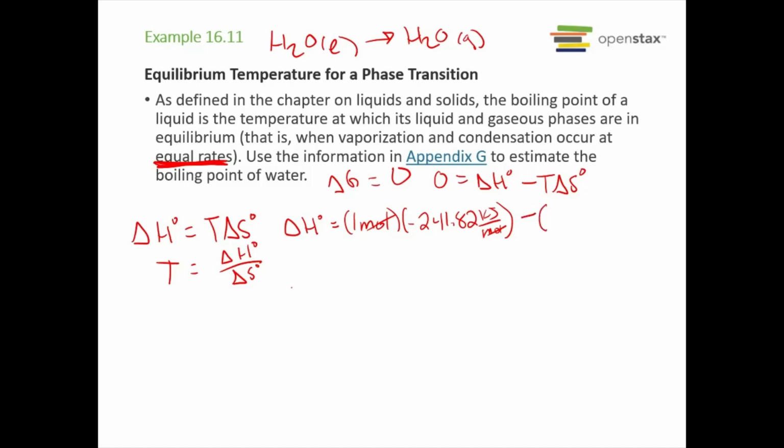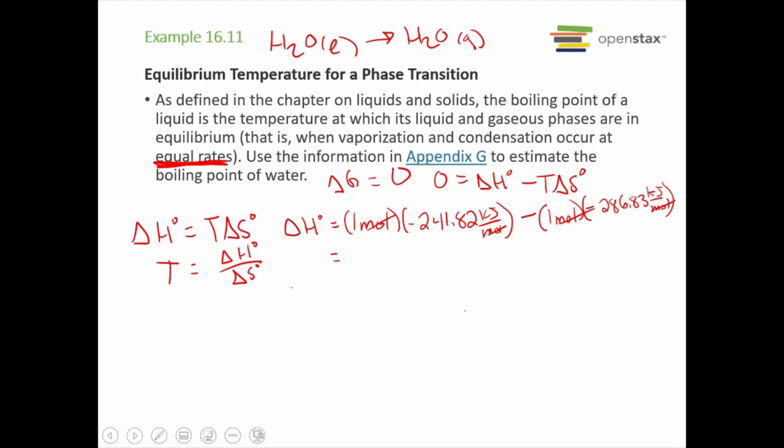Minus our reactants, 1 mole, times the enthalpy of liquid water, which is negative 286.83 kilojoules per mole.